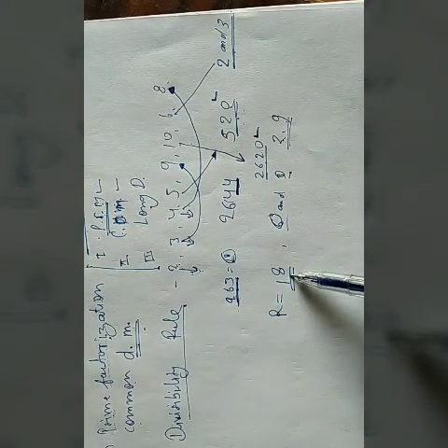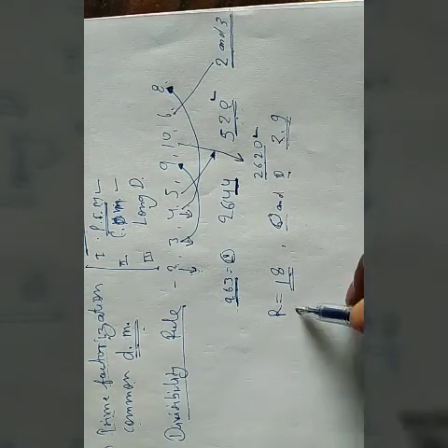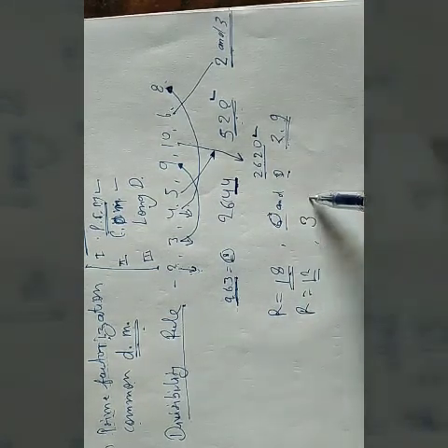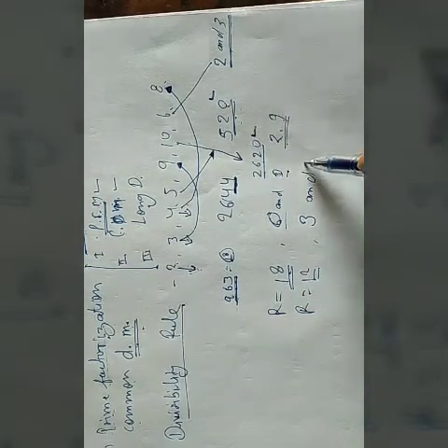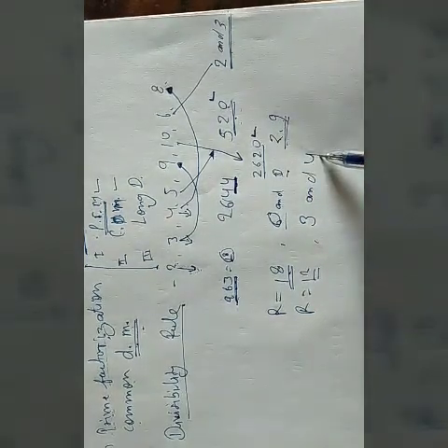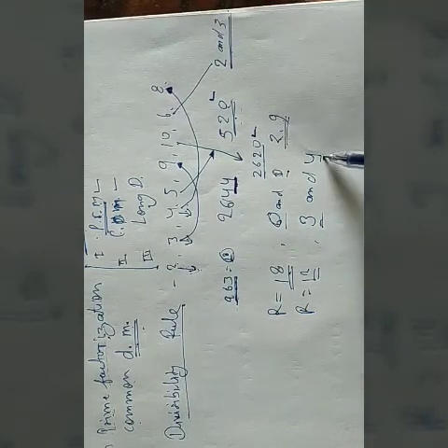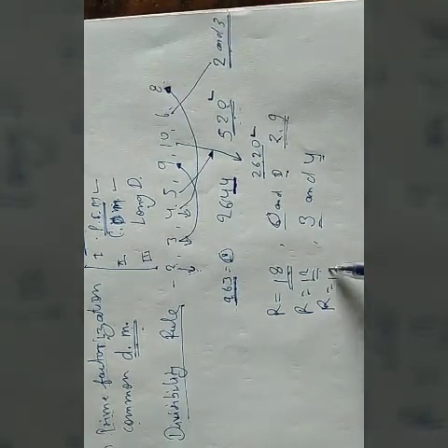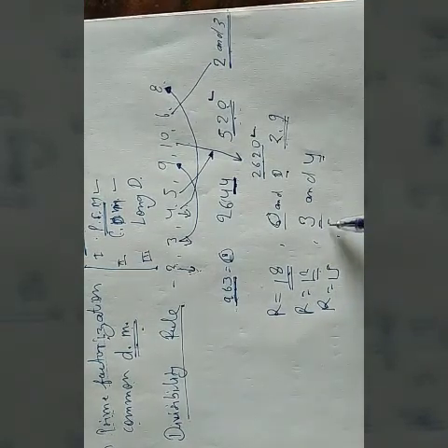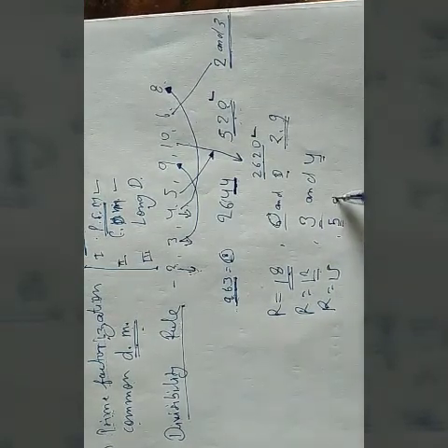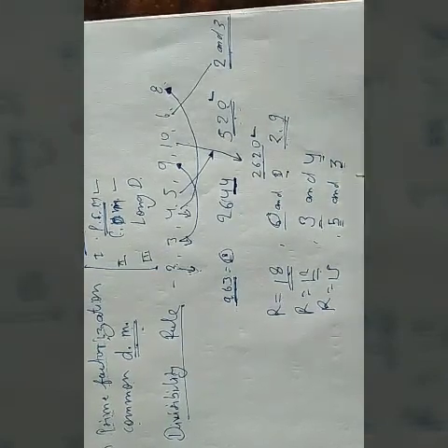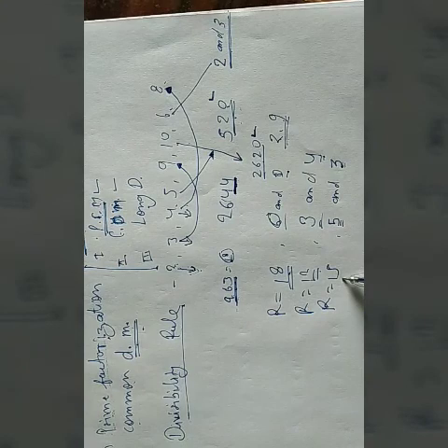Divisibility of 12. Any number that is divisible by 3 and 4 both, that number will be divisible by 12. Similarly, divisibility rule of 15, 5 times 3 is 15, means any number that is divisible by 3 and 5 both, that number will be divisible by 15.